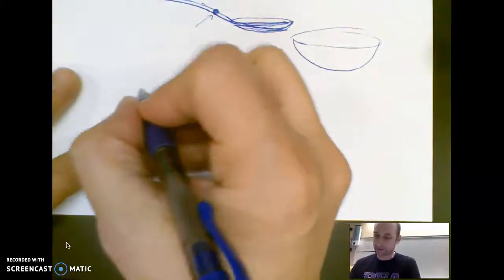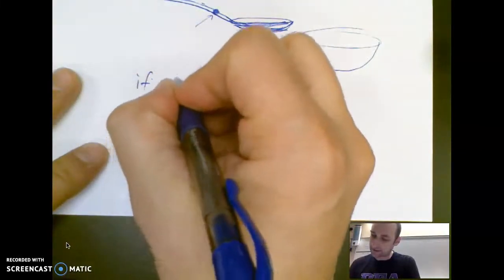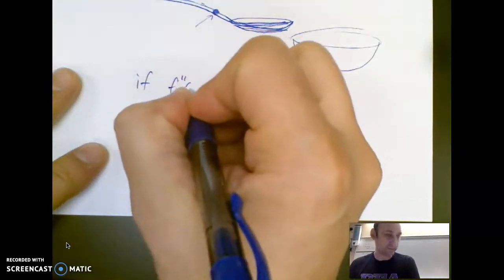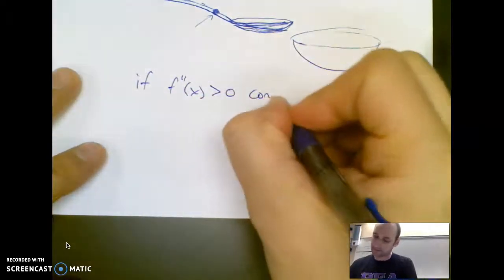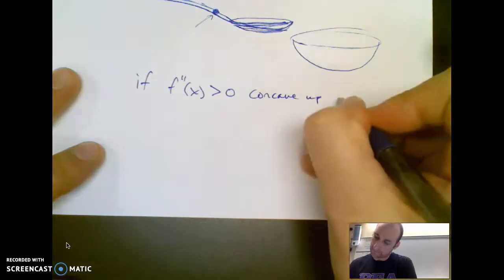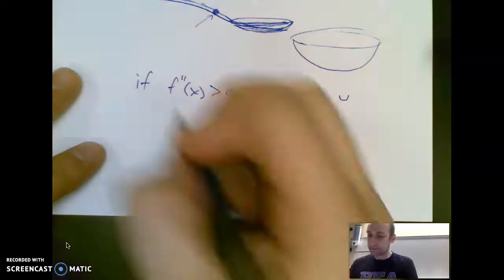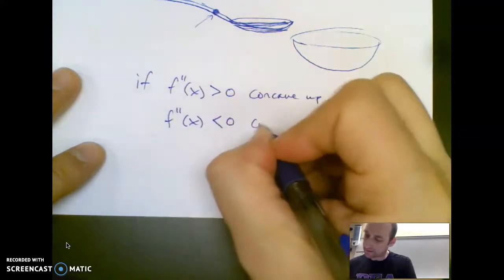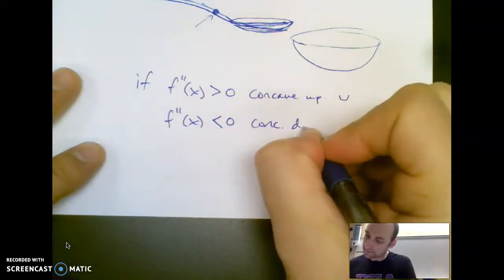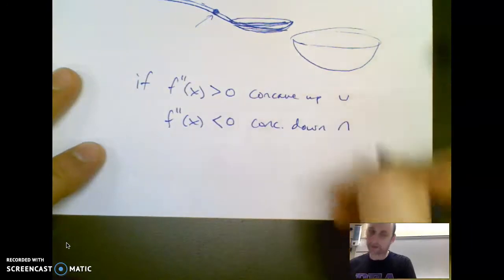So here's our rules. If the second derivative is greater than 0, your graph is concave up, like a cup. If your second derivative is less than 0, you're concave down, like a frown.